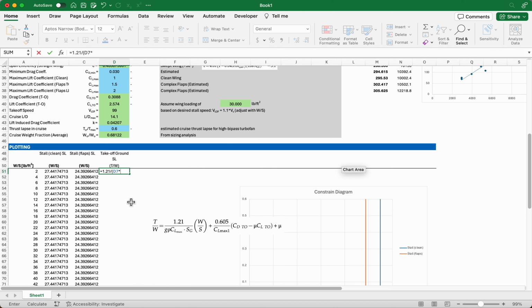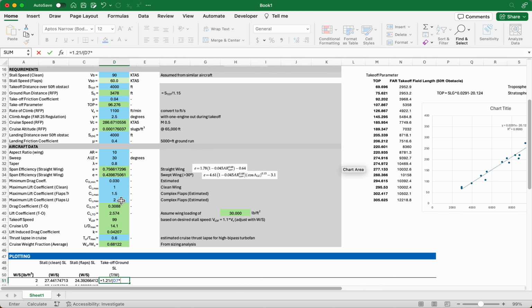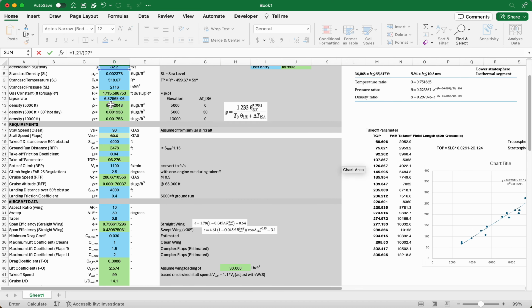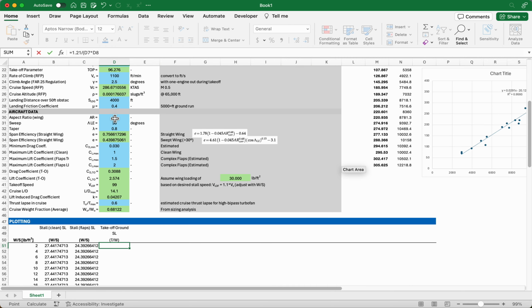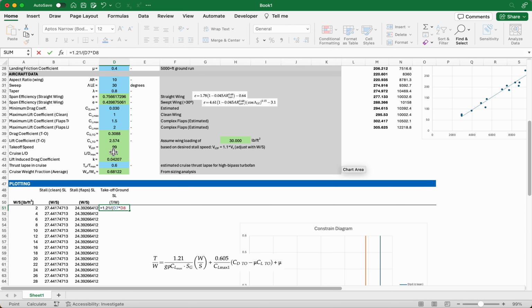Times our density. Now we're doing sea level, so our density at sea level is up here. Times our CL max, so our CL max in our takeoff condition, put that over here, 1.5. Close brackets, times our ground run.